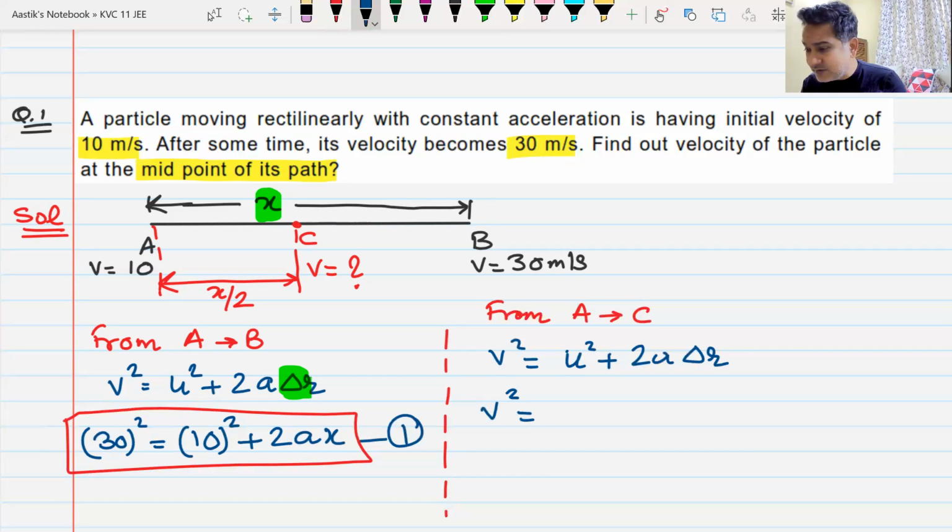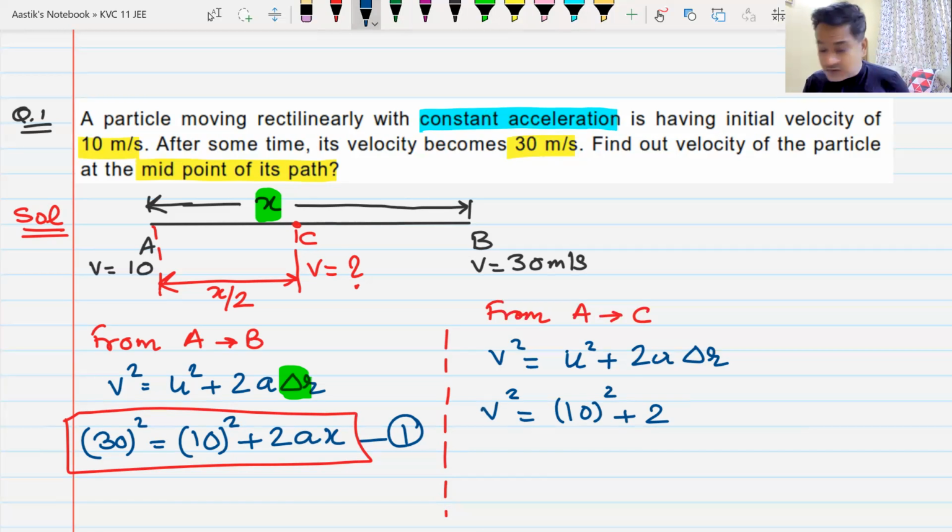If I look at the initial velocity, it is the velocity of point A, which is still 10, so I write it as 10 square plus 2 times acceleration, which is constant. It is given that it is moving with constant acceleration. You can see it. That is why you read the question very carefully.